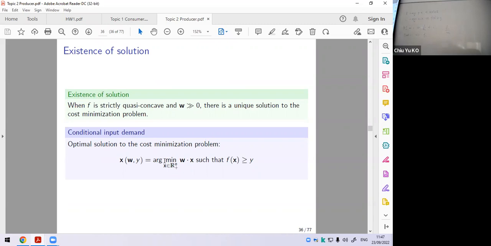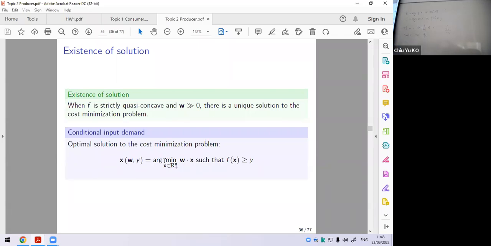So this actually follows from the consumer problem, right? When we have an increasing, strictly concave function, you always have a unique solution, because if there were two solutions, then anything intermediate is better. So you always have a unique solution.